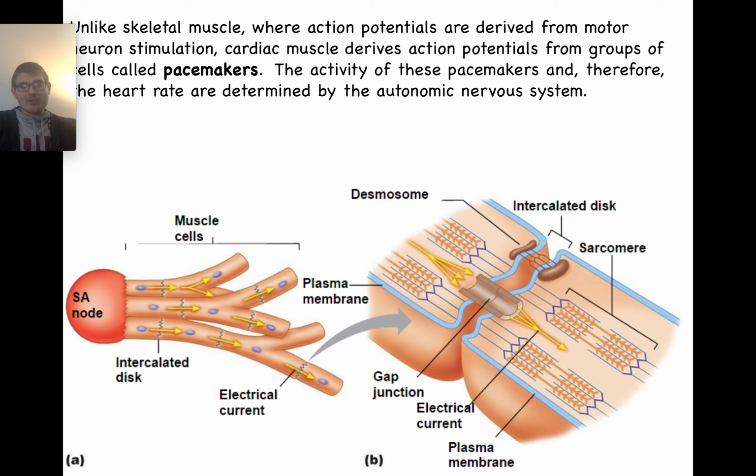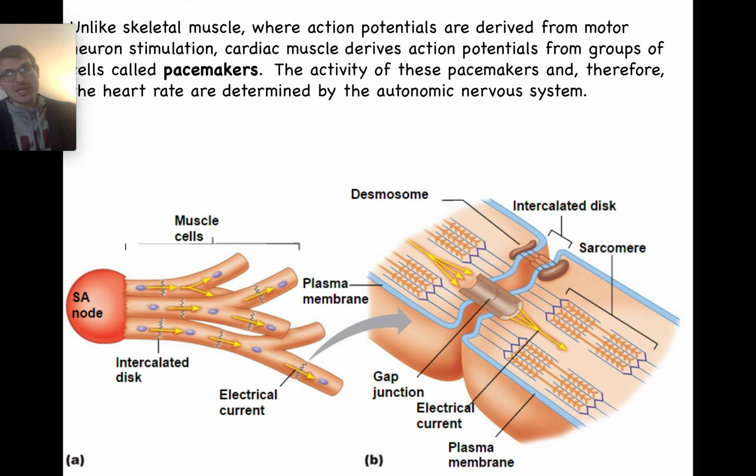Cardiac muscle, as we've already said, is innervated by sympathetic and parasympathetic postganglionic neurons, right? But here's the deal. The heart will continue to contract regardless of whether those neurons are there or not. So the heart, cardiac muscle, is not contracting because the nervous system is telling it to. We've already said all the autonomic nervous system can do is either speed the heart up or slow it down, make it work harder or make it work less hard.